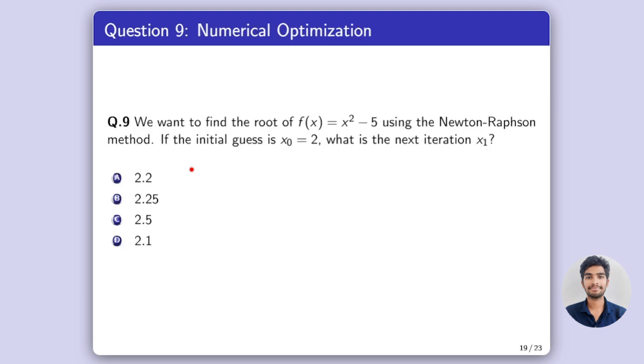Next, we want to find the root of f of x is equal to x square minus 5 using the Newton-Raphson method. If the initial guess x0 is 2, what is the next iteration x1?